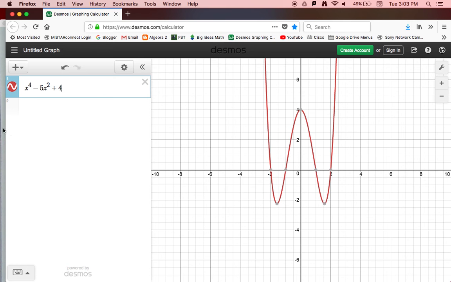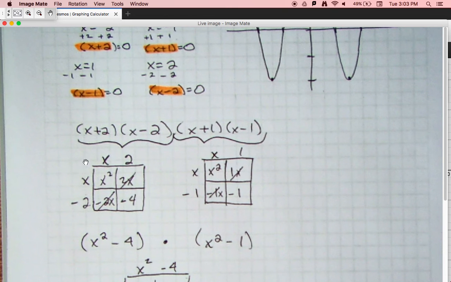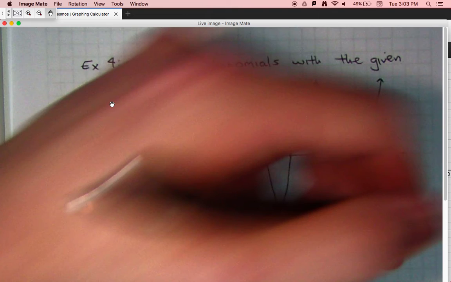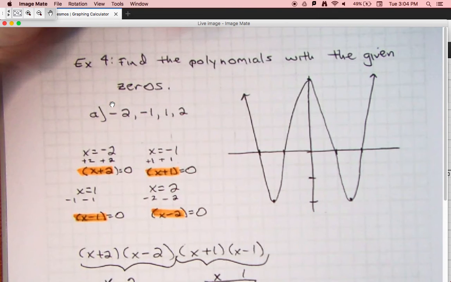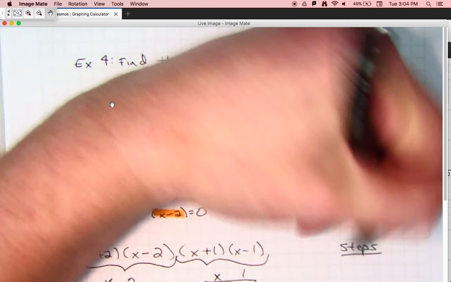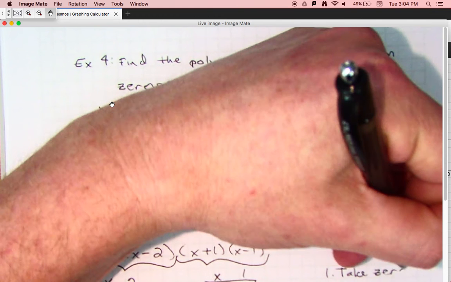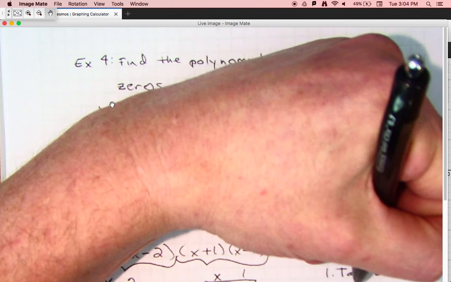Okay? So a quick recap of the steps. We first take our zeros. So step 1, take zeros and rewrite as factors.